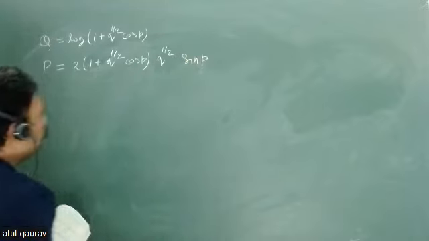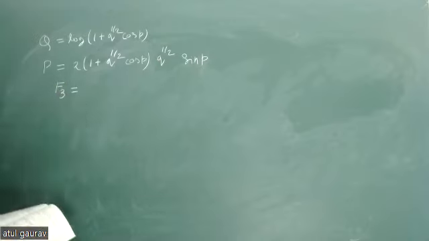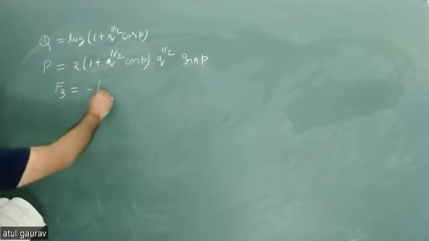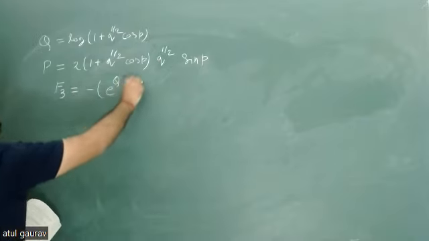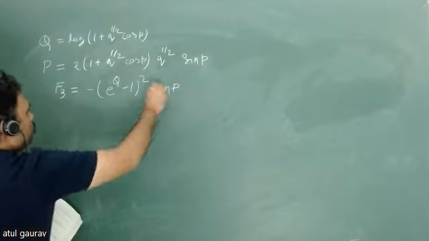What you have to do is prove that the F3 type generating function is minus e to the power q minus 1 whole square tan p. Prove that.